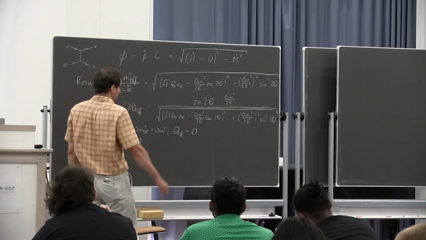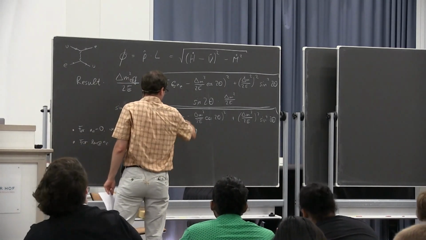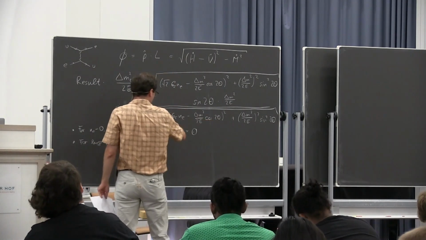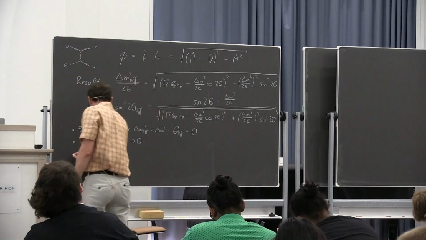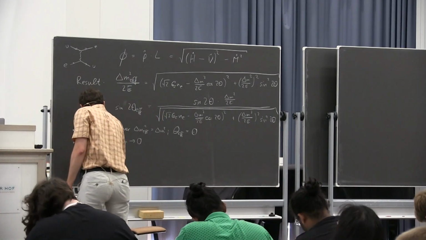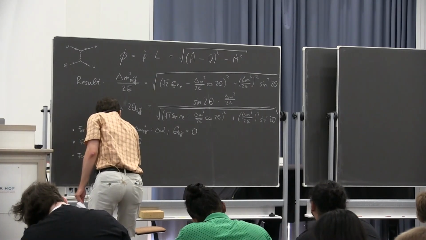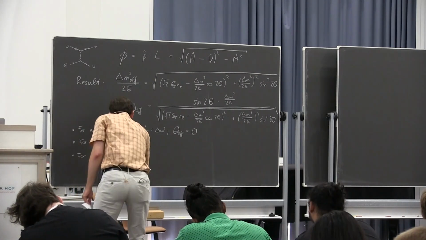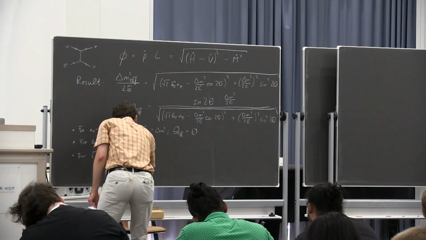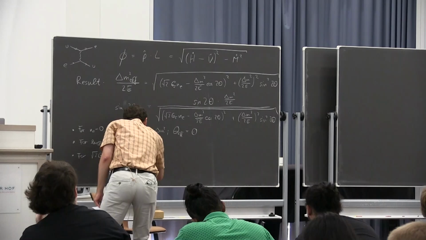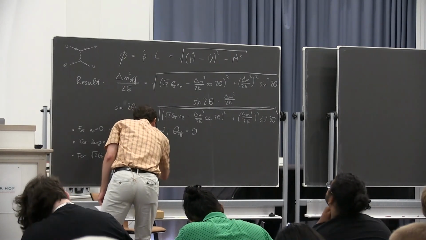Okay, and now perhaps the most interesting case is the case where this term here in the first parentheses is 0. So for square root 2 G Fermi Ne equal to delta m square over 2E times cosine 2 theta.